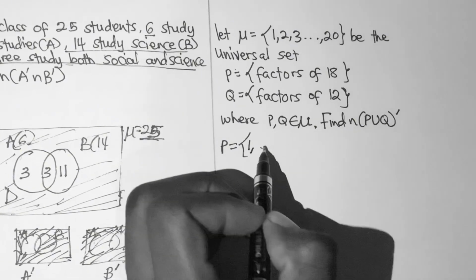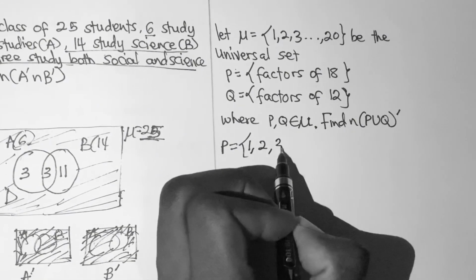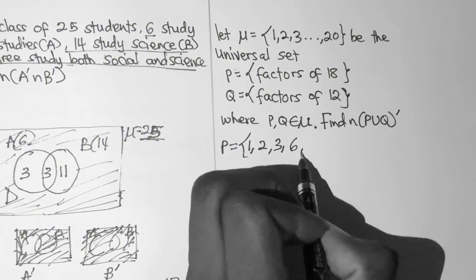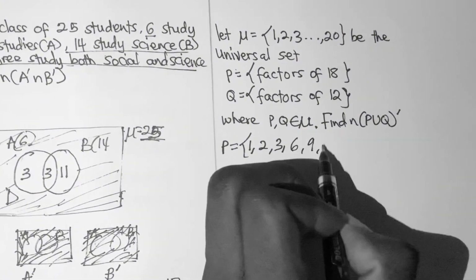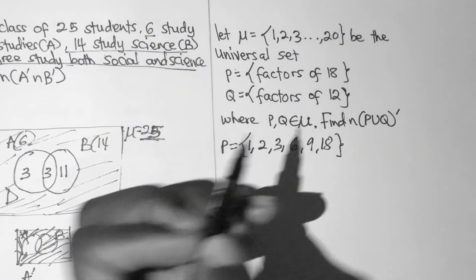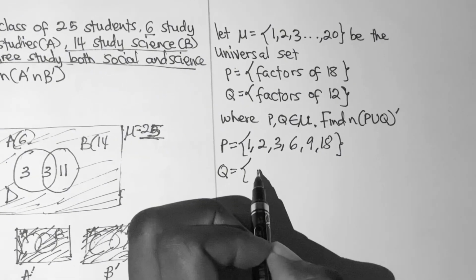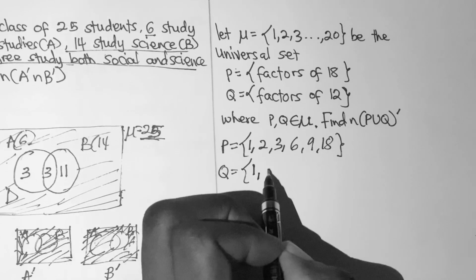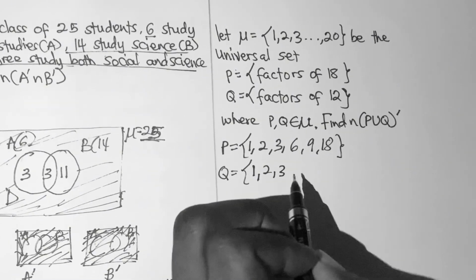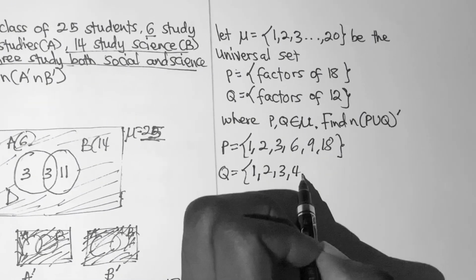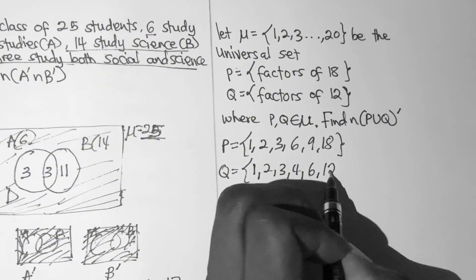We have 1, 2, 3, 6, 9, and then 18 itself. And then Q is factors of 12. So the factors of 12, we have 1, 2, 3, 4, 6, and then 12.